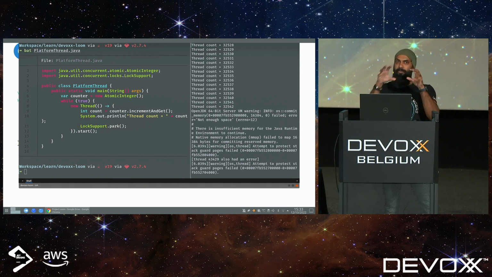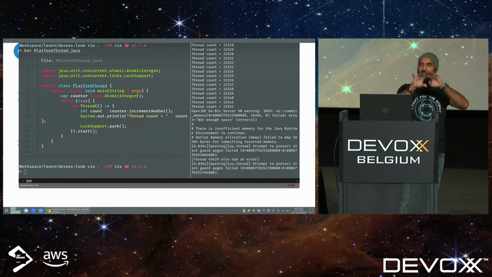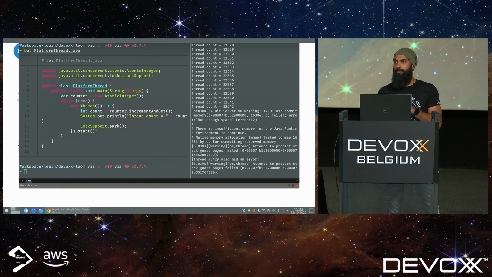The only problem being, every time a new thread is created, it's going to need some memory, right? So it assigns some block of memory. And the problem is, once the memory is allocated, it cannot be resized. So at some point, you are going to run out of memory. Even if the threads are parked, that memory is still blocked.